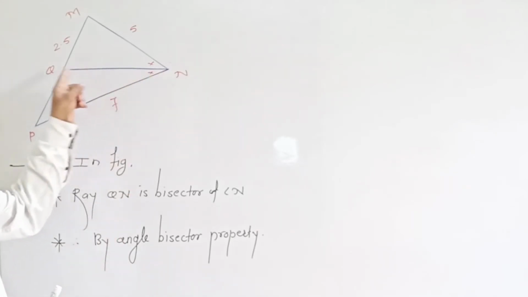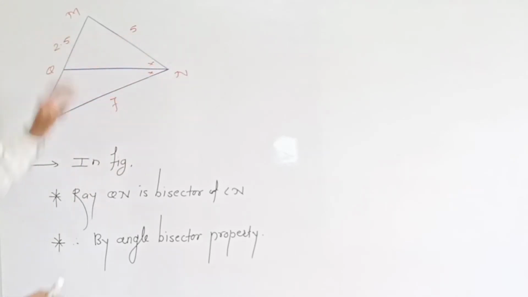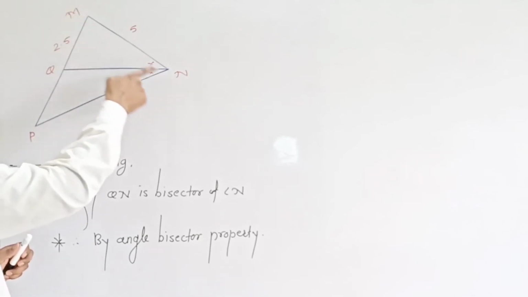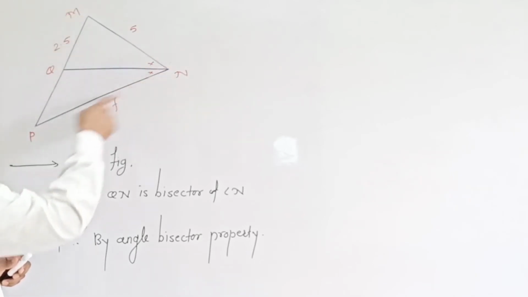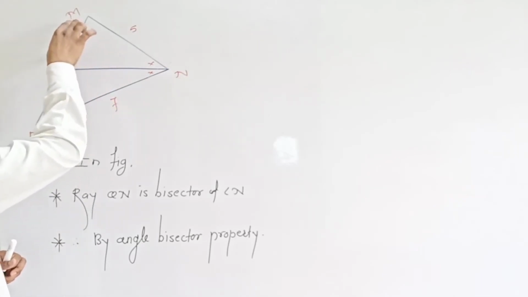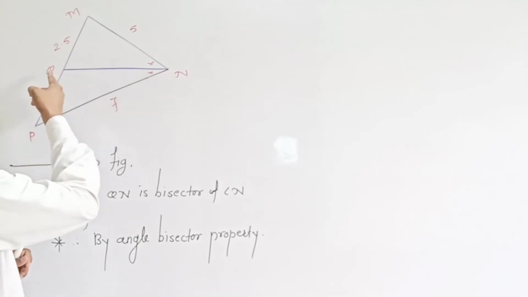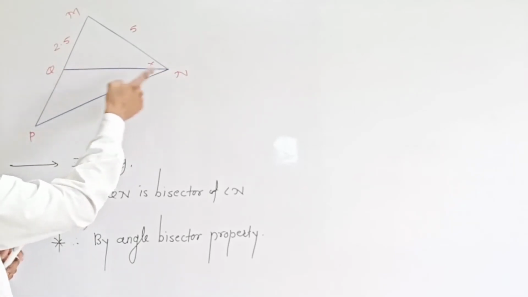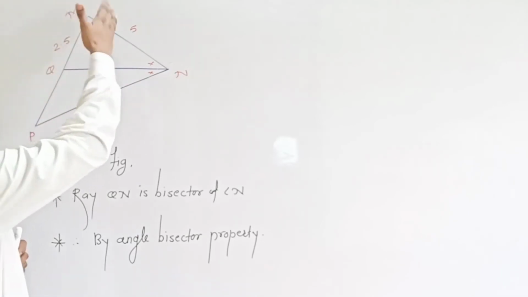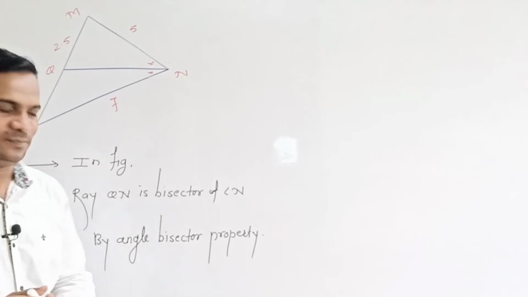Now what is that angle bisector property? The bisector of an angle, look at this QN, divides the opposite side of an angle of the triangle. That means we have this ratio MQ upon QP, that ray QN is the bisector, and this bisector divides the opposite side in the ratio of the remaining two sides. Now this is the angle bisector theorem.